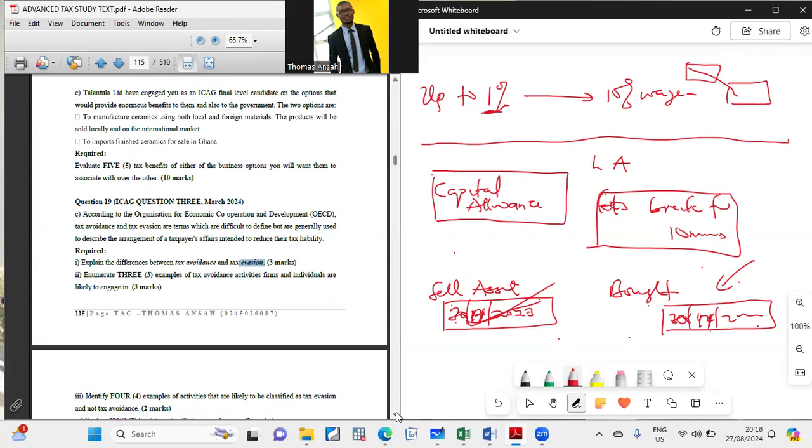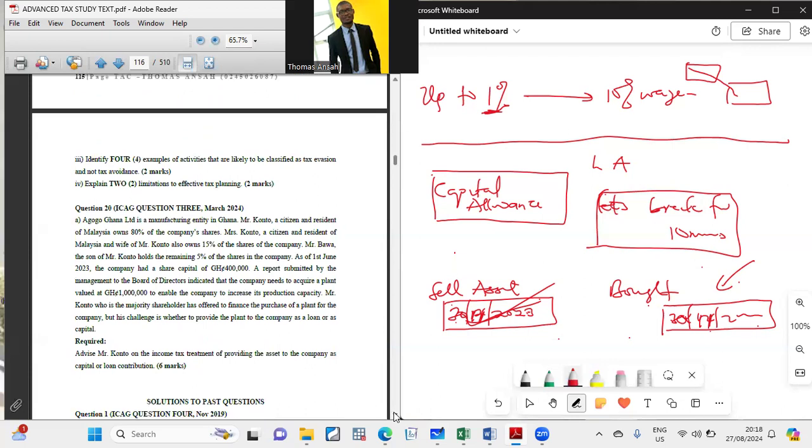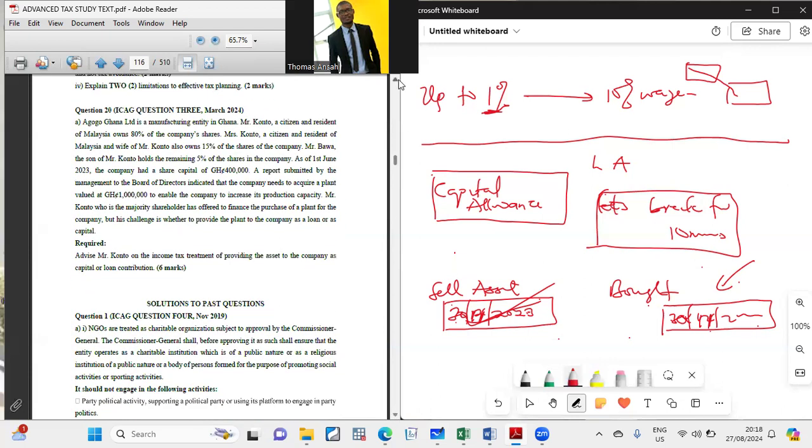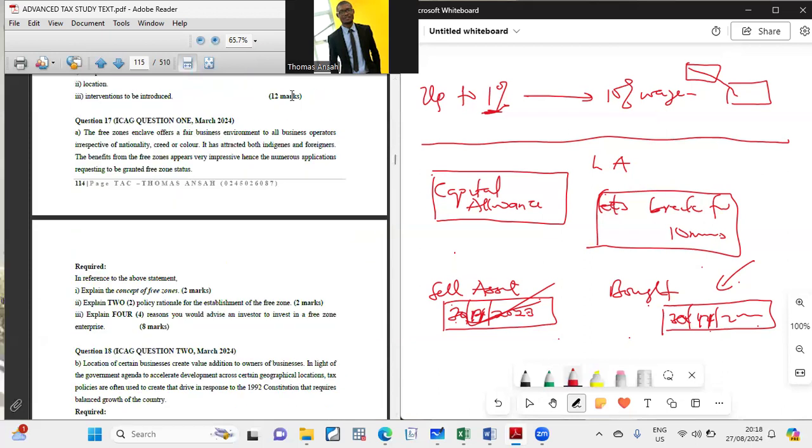I provided the solutions also in the manual, so you can have a look at it. As for tax, if we finish like this and you go through the past questions, it is possible you can even get 90%, because it's law, and law is the same thing we all do.